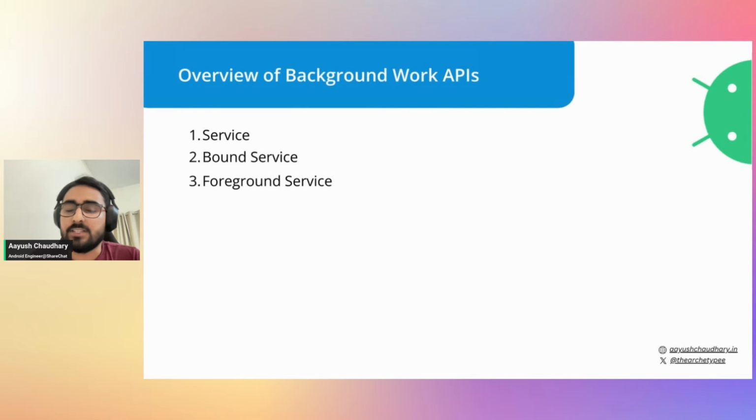We have another extension of service, which is foreground service, which performs long running operations which are visible to the user. This is a go-to API to run immediate tasks, which we will discuss in detail. And then at last, we have WorkManager to run any deferrable task.